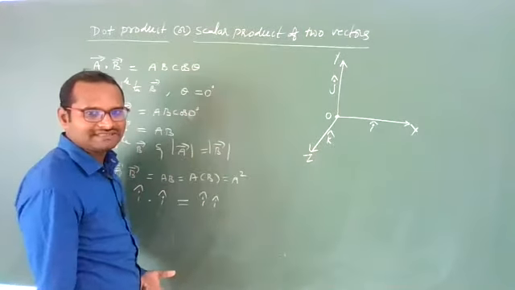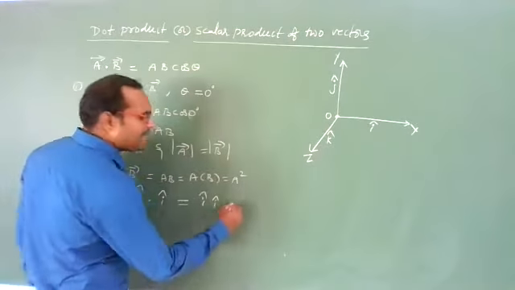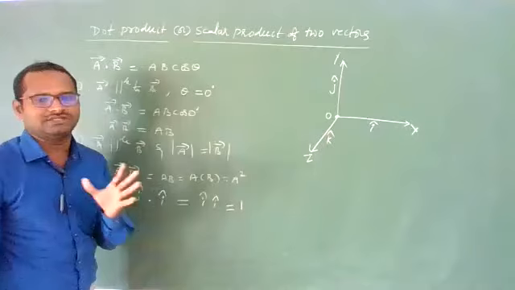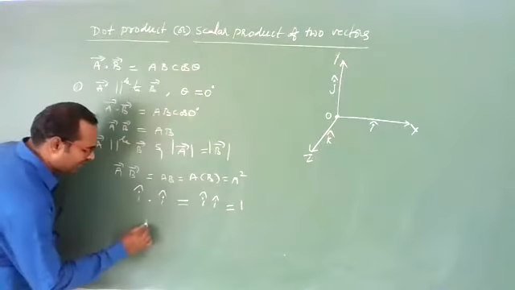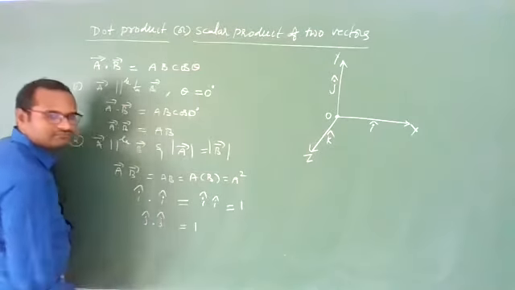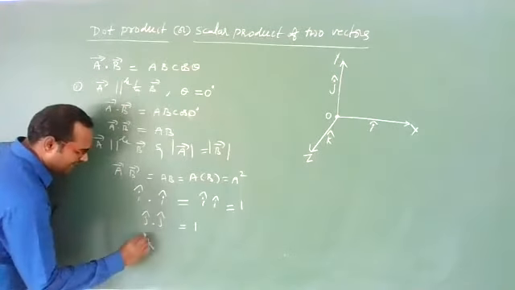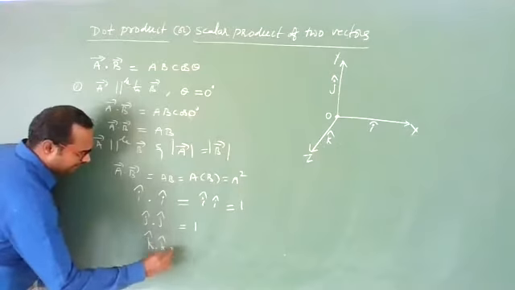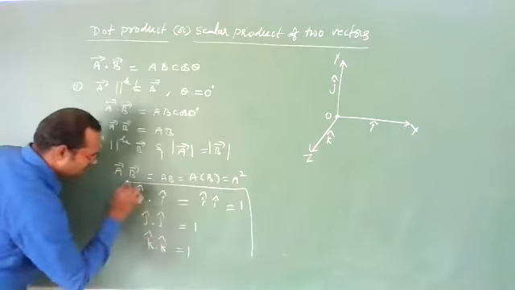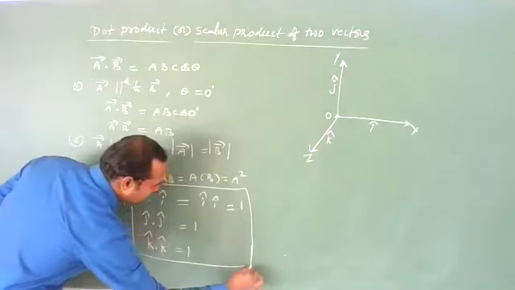The magnitude of I cap is 1, so 1 into 1 is 1. Remember this. Similarly, J cap dot J cap again gives 1, and K cap dot K cap again gives 1. Students, you must remember these three values.